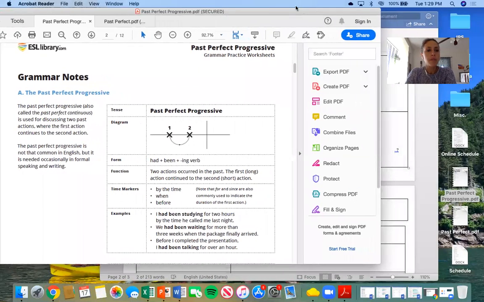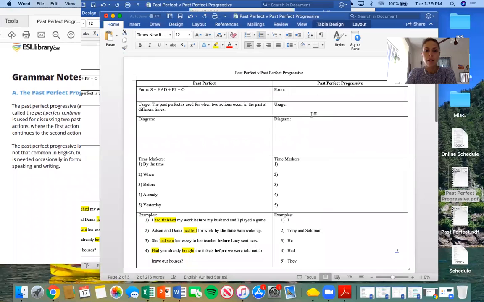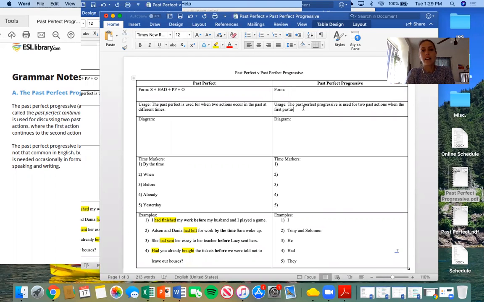So the past perfect progressive is used for discussing 2 past actions where the first action continues to the second one. So you can say past perfect progressive is used for 2 past actions when the first past action continues up to the second one.